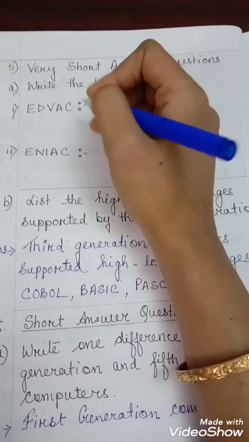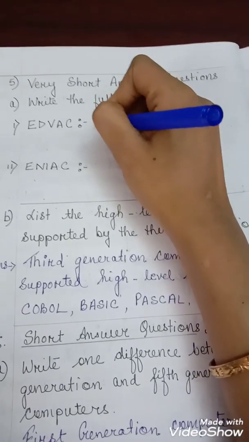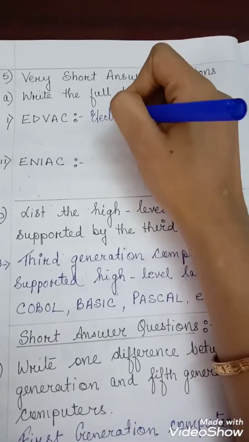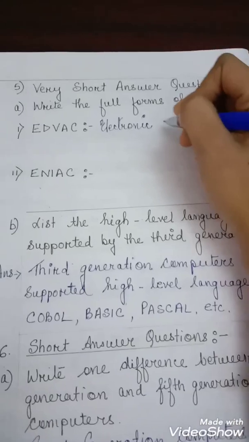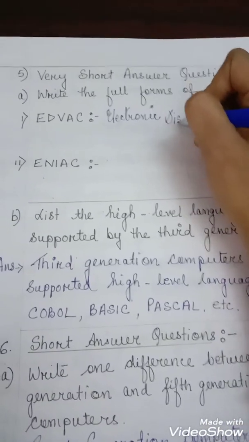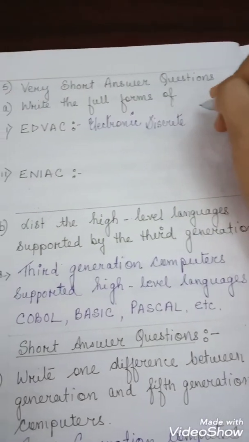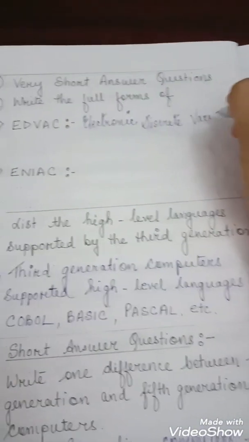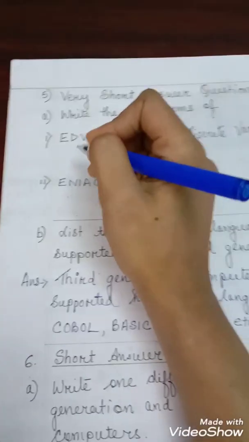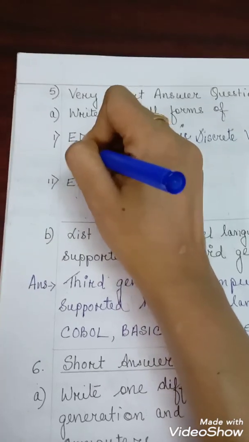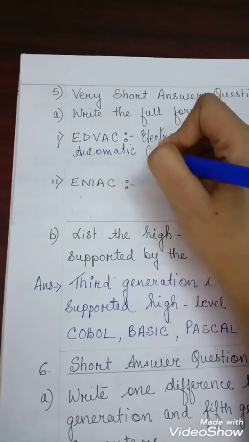So, here we have to write Electronic Discrete Variable Automatic Computer.